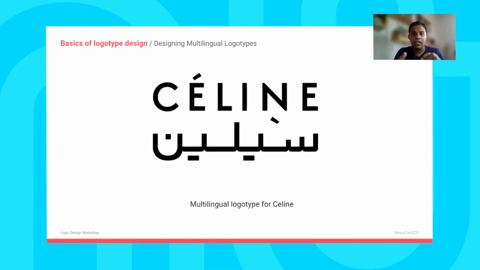We can't just turn the C this way and make it that, because we have to focus on the script as well to give an identity. So we need to not replicate the typography, just capture the idea, the soul of the brand, and recreate or adapt it.